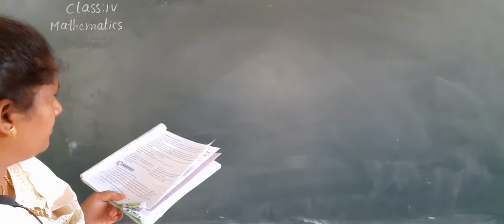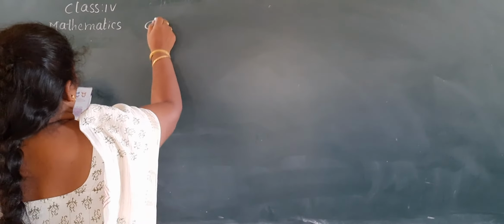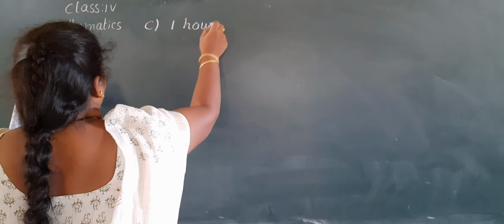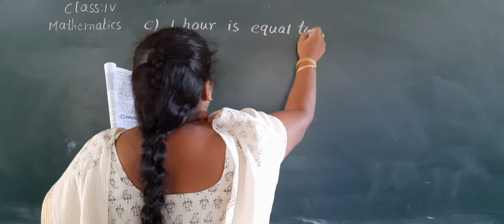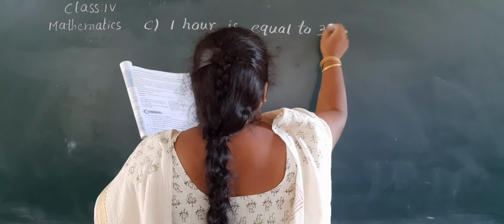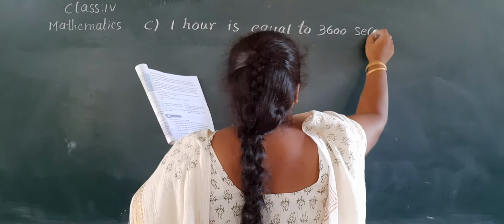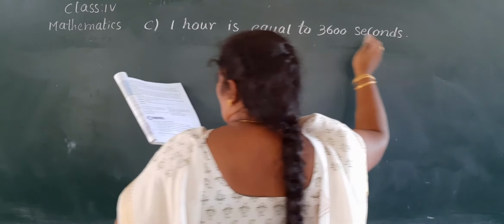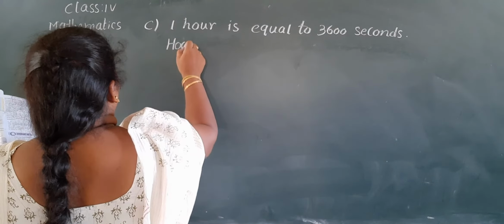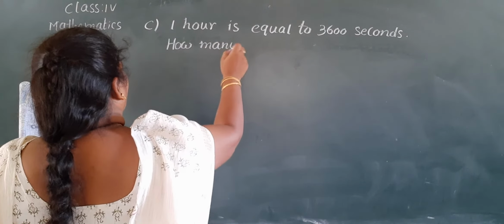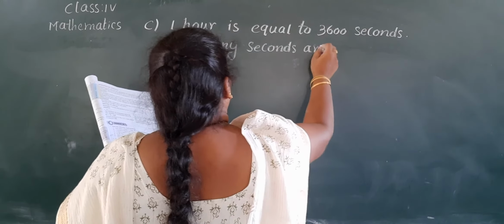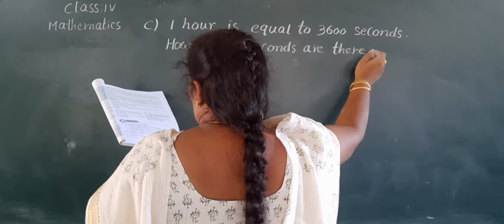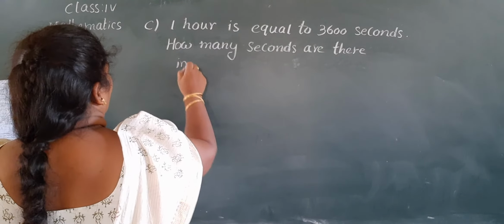See ma, see. 1 hour is equal to 3600 seconds. How many seconds are there in 4 hours?